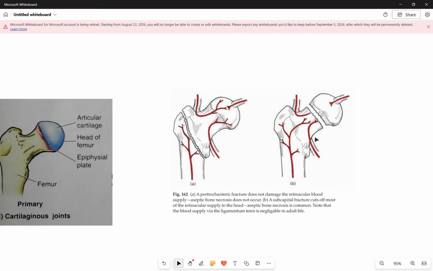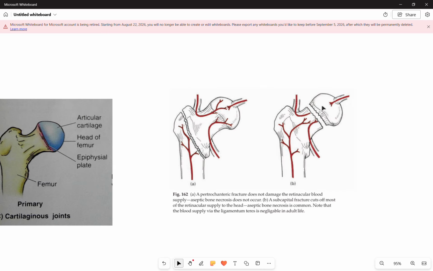Now if there is a neck fracture, a subcapital fracture, a proper neck fracture or a basal neck fracture, what will happen? The blood supply coming from these two parts, capsular and shaft, will be cut off and not supplying the head, whereas the blood supply through the ligamentum teres will be intact. But this blood supply is not sufficient for the neck and for the head.